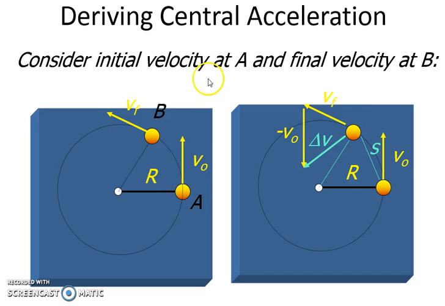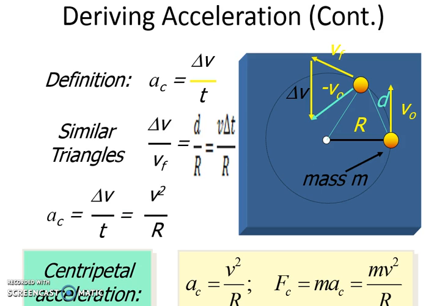So, deriving centripetal acceleration. Our initial velocity is at A and our final velocity is at B. So to find this, our centripetal acceleration is the change in velocity over time.